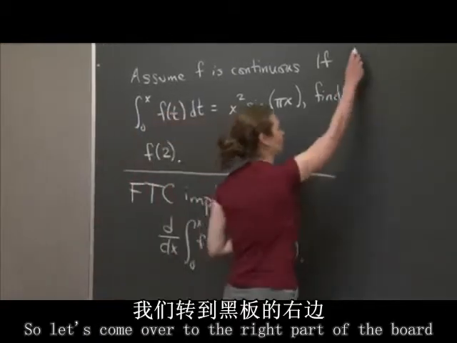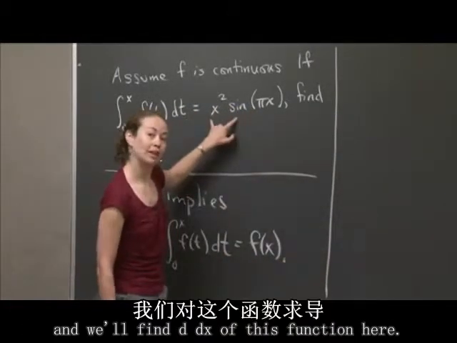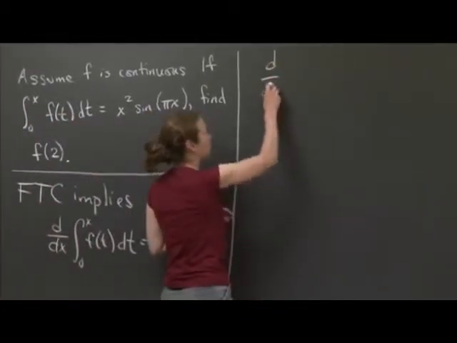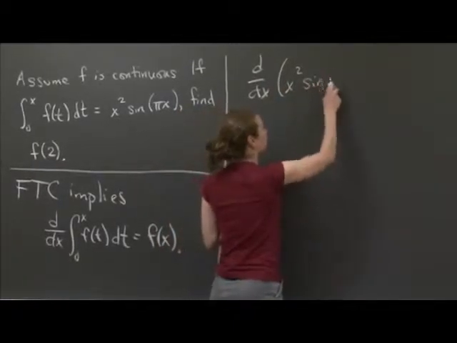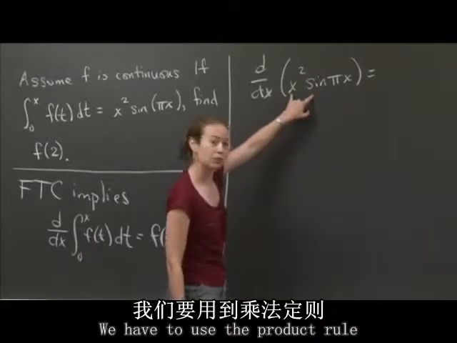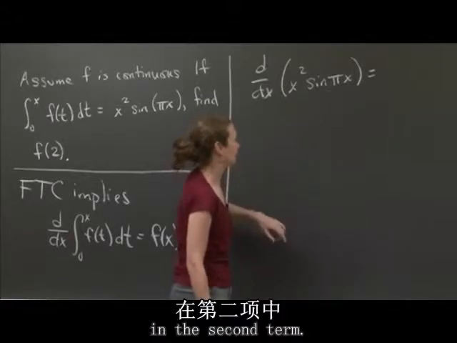Sorry about that. Let's come over to the right part of the board, and we'll find d dx of this function here. What do we have to use? We have to use the product rule, and then a little chain rule, a really simple chain rule in the second term.